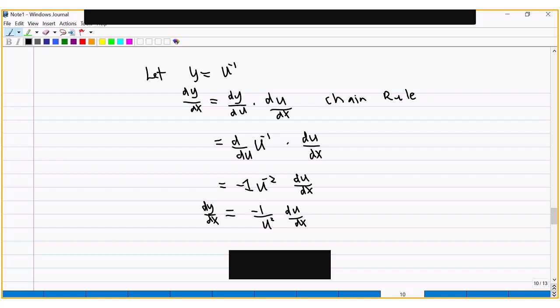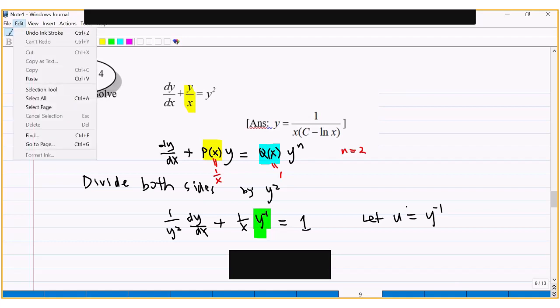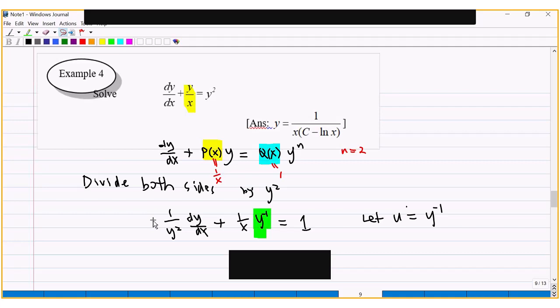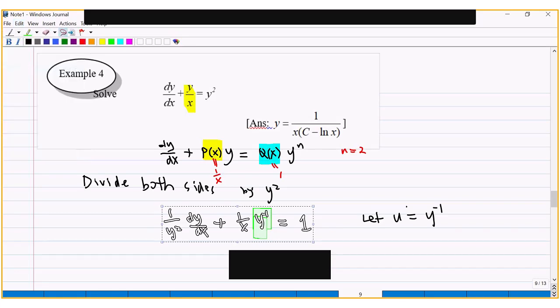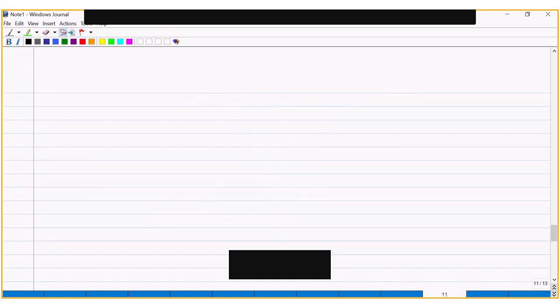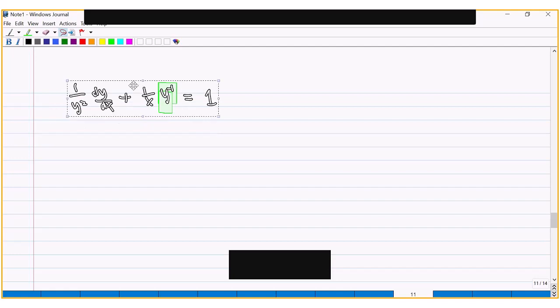Then go back to the earlier equation, the standard equation. Let me copy it to here. This is the earlier equation.